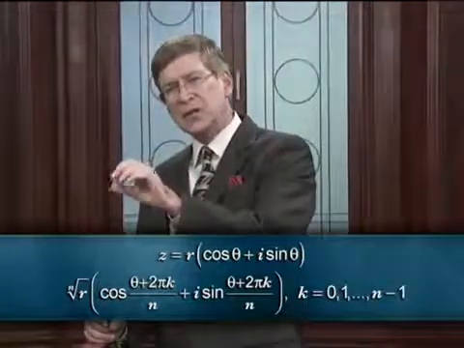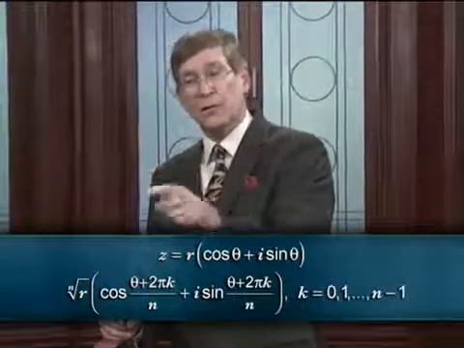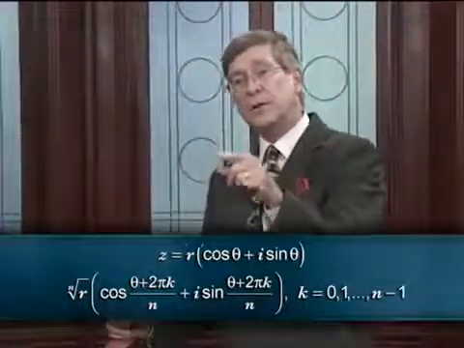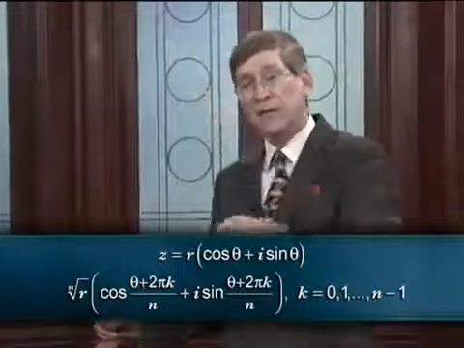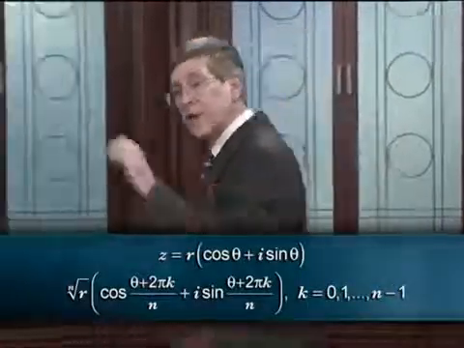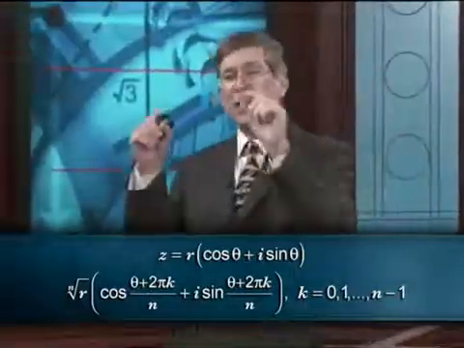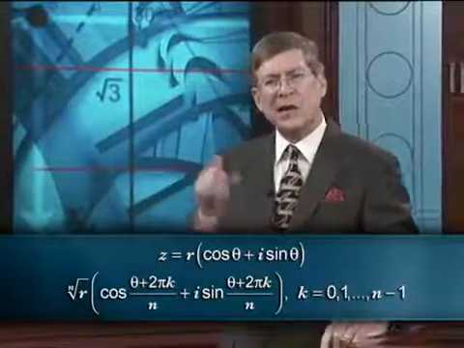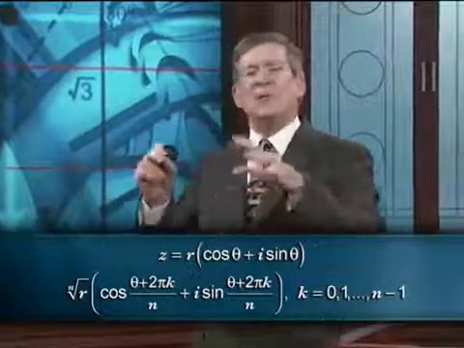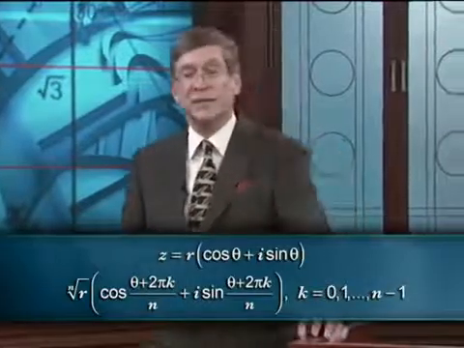When k is 0, you get a certain angle, theta plus 0 over n. Then you get theta plus 2 pi over n, theta plus 4 pi over n, etc. So as k varies from 0 out to n minus 1, you get a different angle each time in the formula. And each time you get a different nth root of your original complex number.